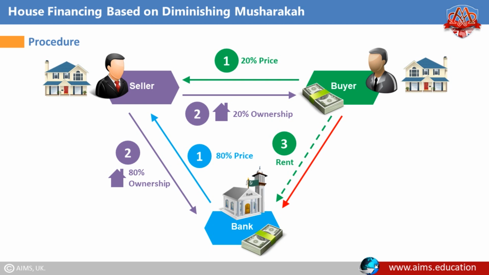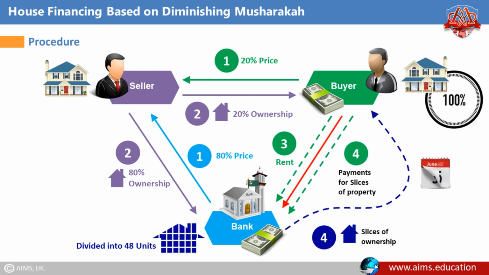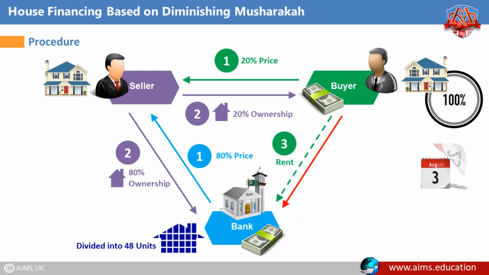At the same time, the bank's share is further divided into a number of units, for example 48 units. The buyer promises to the bank that he will purchase these units from the bank in 48 months, and according to the contract, the rent payable to the bank will also reduce accordingly. The buyer will keep buying the unit and will keep paying the rent until the share of the bank is reduced to zero and the client's share becomes 100%.